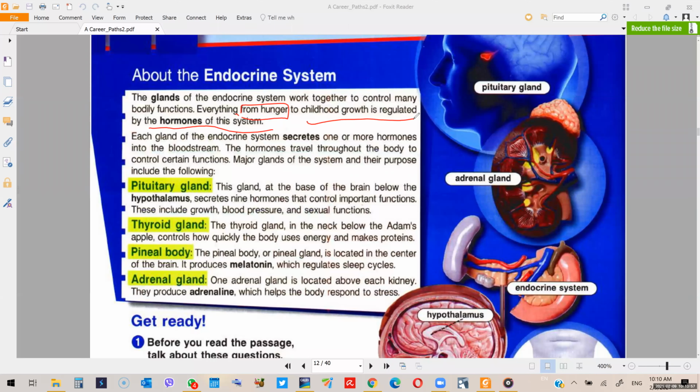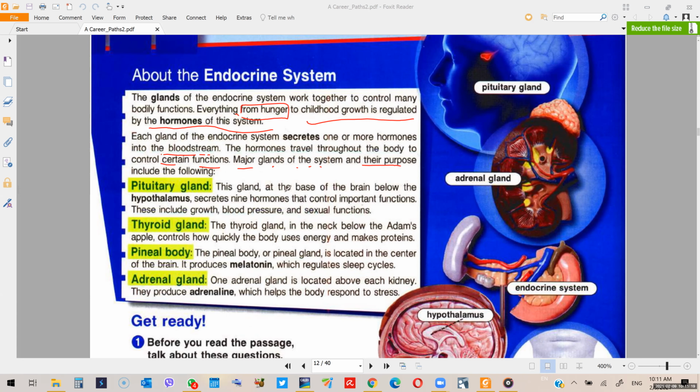Each gland of the endocrine system secretes one or more hormones into the bloodstream. The hormones travel throughout the body to control certain functions. Major glands of the system and their purpose include the following. Pituitary gland.